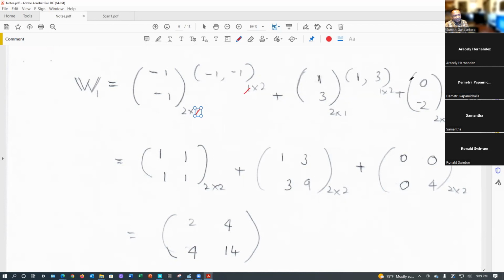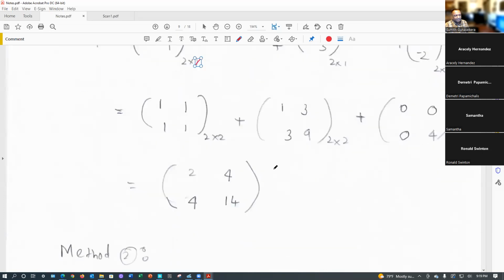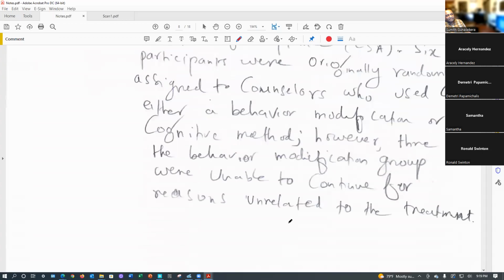Same thing here, first row, first column. Only one entry I have. And then later on, I add these entries. Right there, 2, 4, 4. That's one method, one way you can get this done.